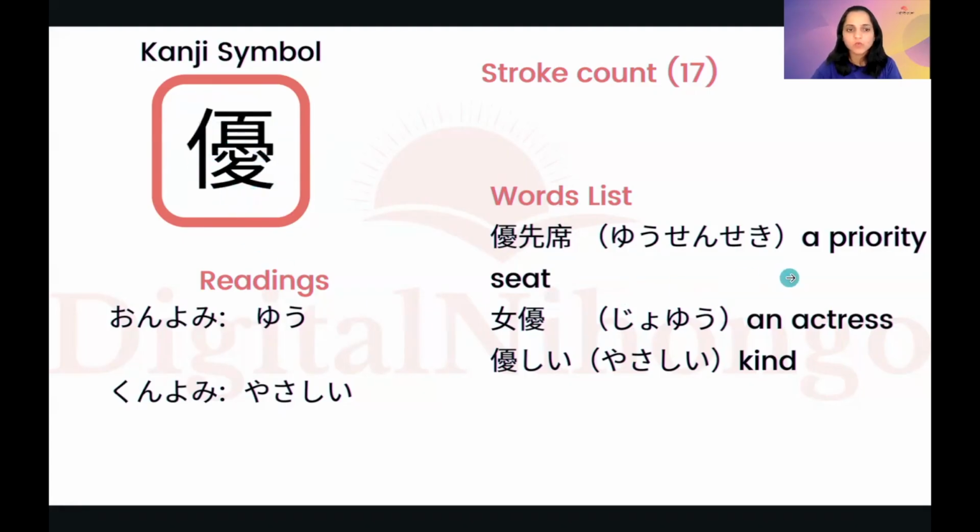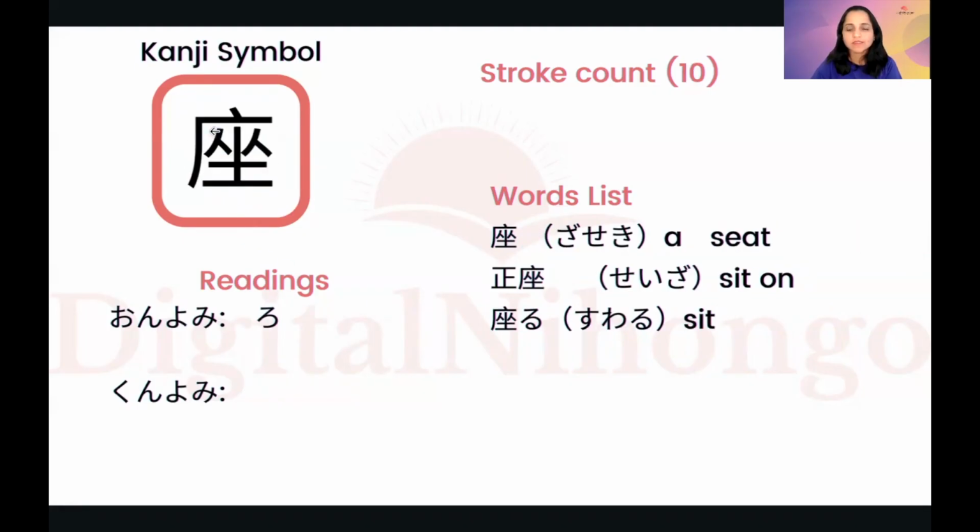Okay, yu or yasashi. The next one is za. The reading should be za. Zaseki is seat, or seiza is sit on, or suwaru. Suwarimas is to sit. So this reads as za or suwaru.